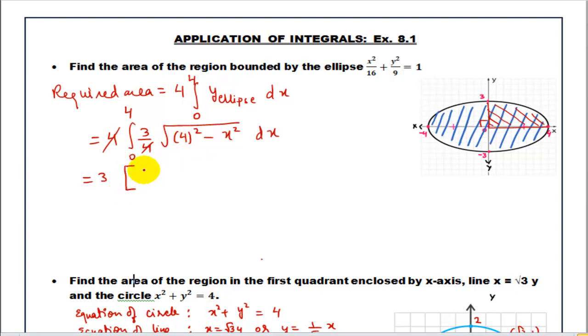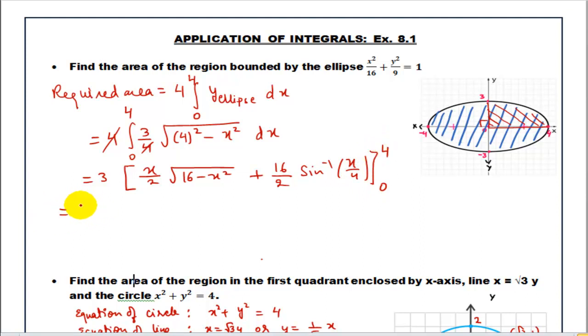Applying the formula, it will take the form x by 2 times square root of 16 minus x square, plus a square, that is again 16, divided by 2, sine inverse x over a, and a over here is 4, and the limits from 0 to 4.